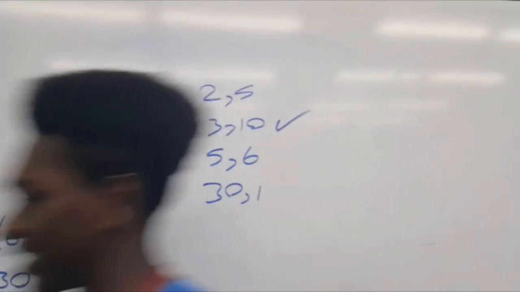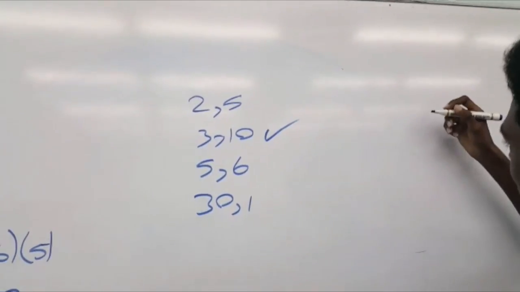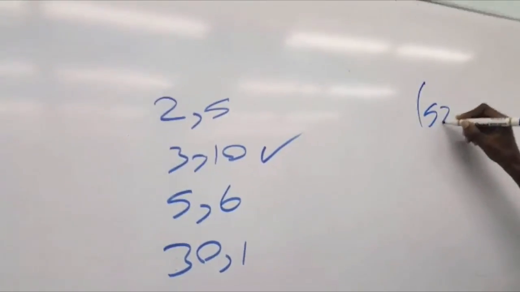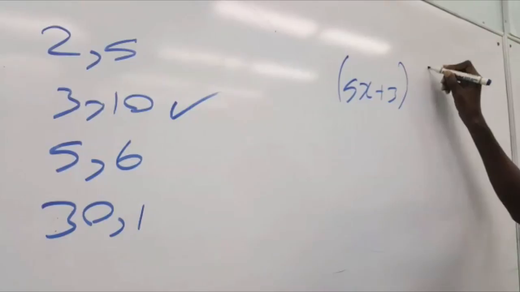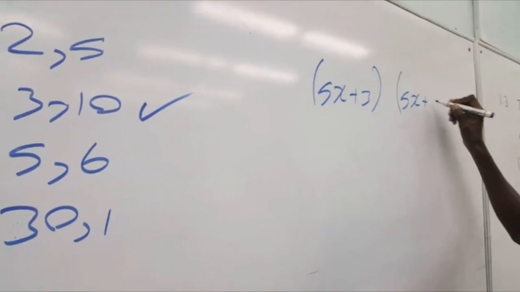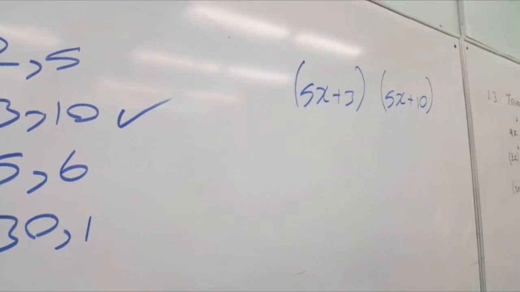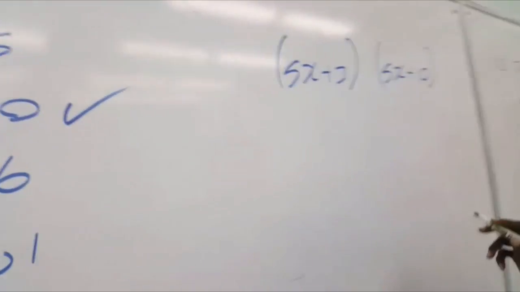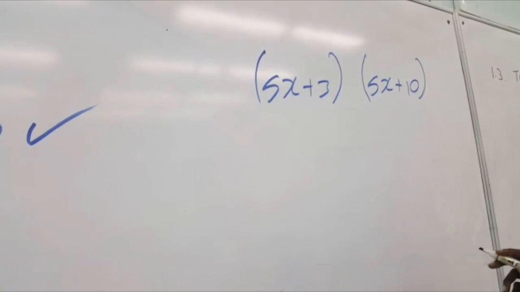So, the factorized form will be 5x plus 3 and 5x plus 10. However, we need to remember that at the beginning we multiplied by the coefficient, so now we need to divide by the same coefficient to get the original solution.